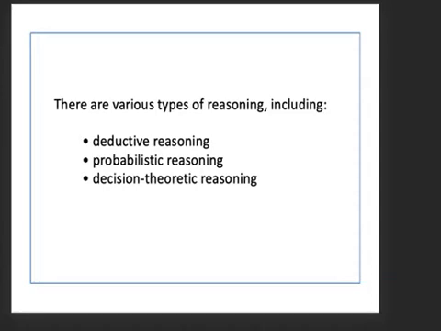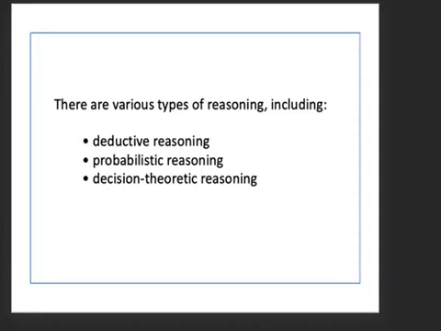So the various types of reasoning in this class we'll be discussing are as follows. First, deductive reasoning. Second, probabilistic reasoning or inductive reasoning. And finally, decision theoretic reasoning or making decisions or deliberation. Now, whether you want to consider decision theoretic reasoning as a kind of reasoning or as something else, decision making.